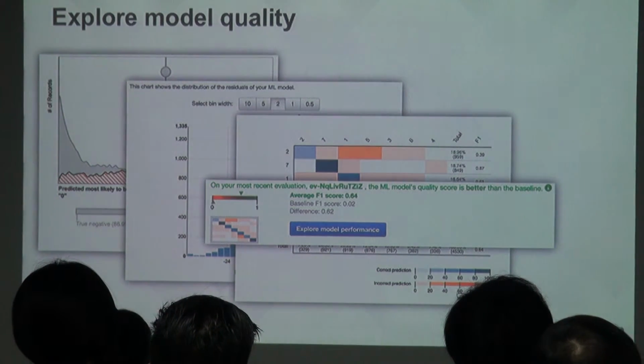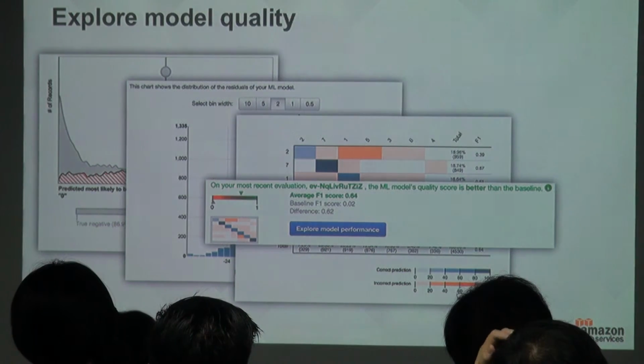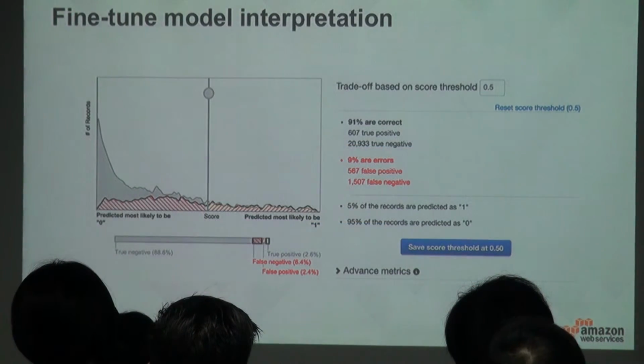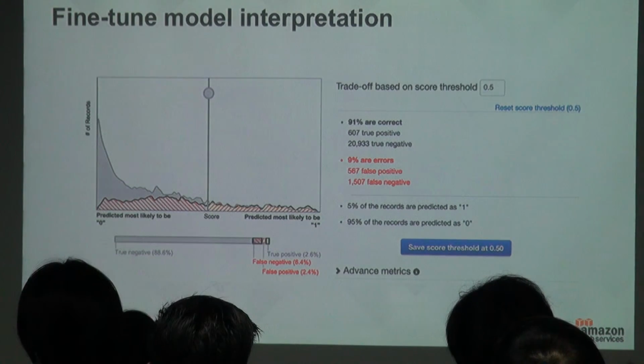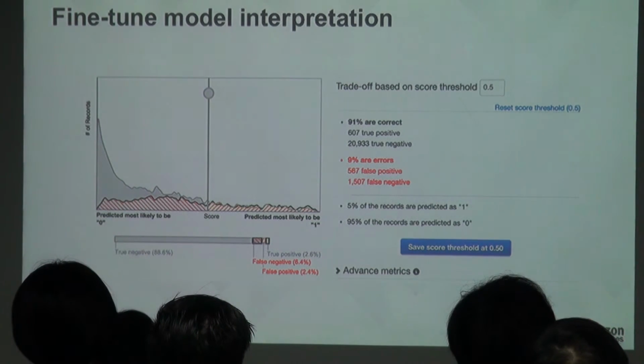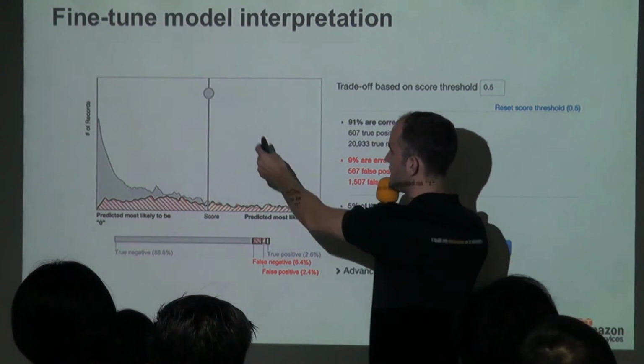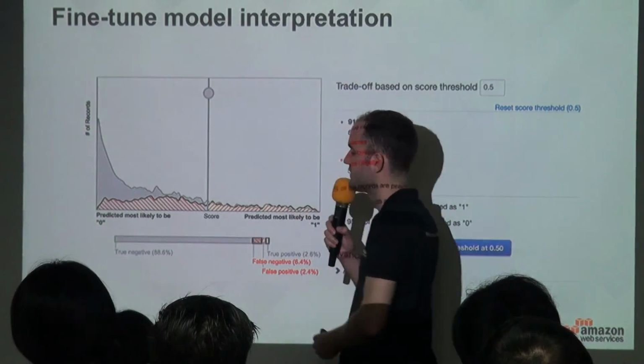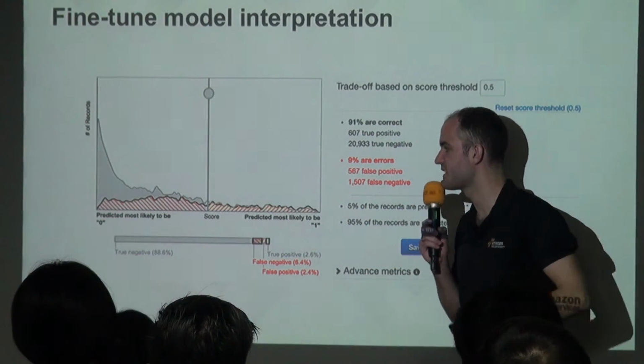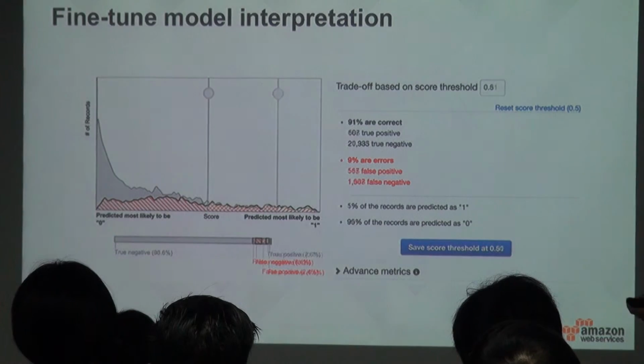How do we evaluate that? 30% of your training data was used to evaluate this. You can also fine-tune those models. Here, this was a binary classification, so it will give me this area under the curve, and now I can move around this needle to play around if I want more false negatives or more false positives, by basically cutting off my threshold a little bit earlier.